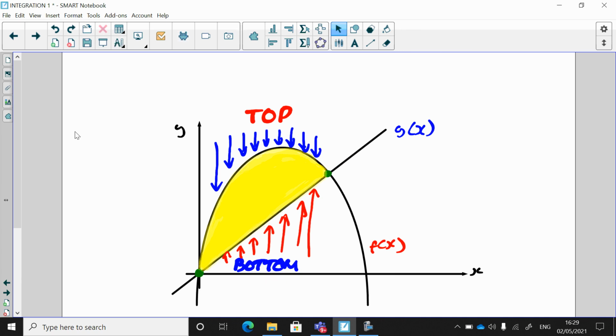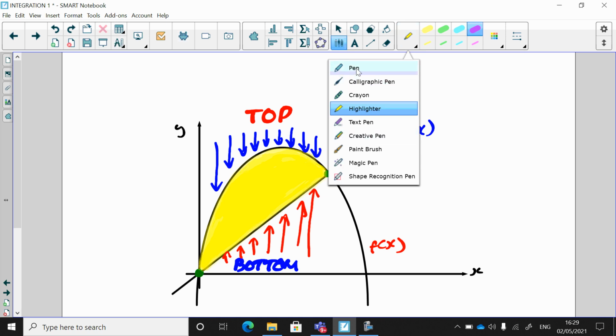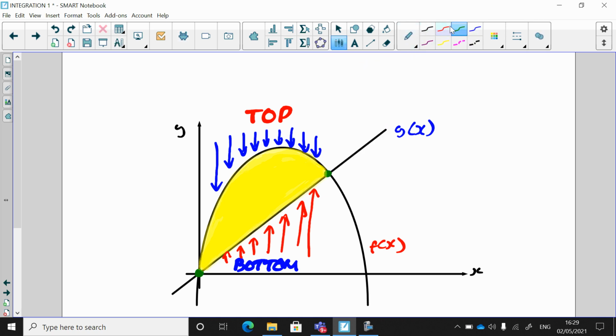Right, so hopefully top and bottom is clear. But you need to be aware of which one is in what order. So which order? So top is the curvy one. That's actually that one there.